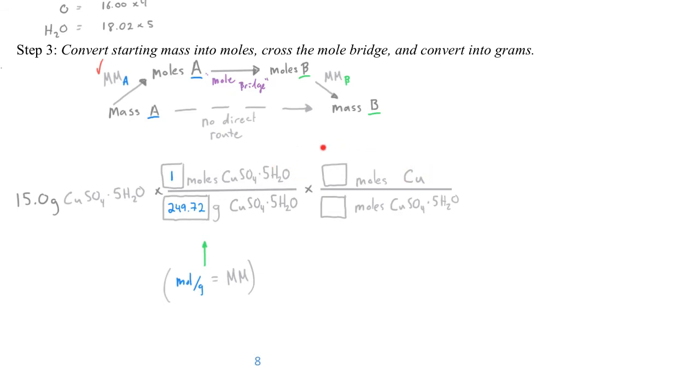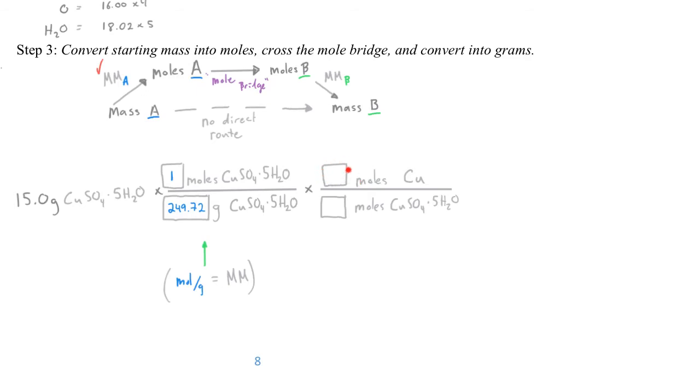These are two totally different compounds. So my destination here is moles of copper, so that should be in the top position. And where I'm coming from is moles of copper sulfate pentahydrate. That's down here. So we have two different compounds in this ratio, and this is why it's called a mole bridge. We're going between moles of one thing to moles of another thing.